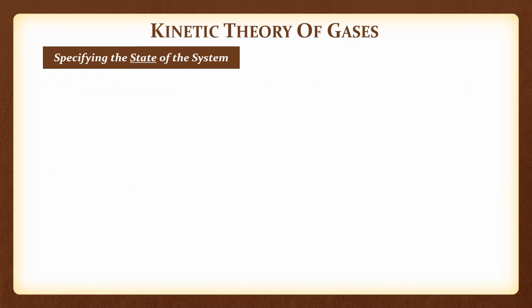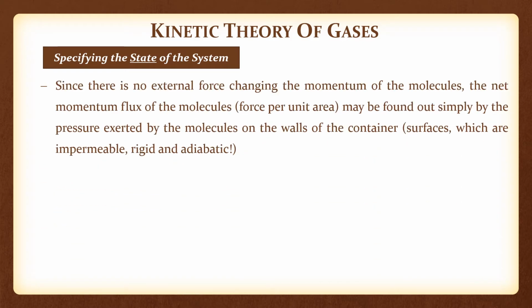Further specifying the state of the system, since there is no external force at all changing the momentum of the molecules, the net momentum flux, which is simply the force per unit area, is considered. The rate of change of momentum, by the way, is force, and rate per area is flux, and therefore net momentum flux is simply force per unit area, which is pressure.